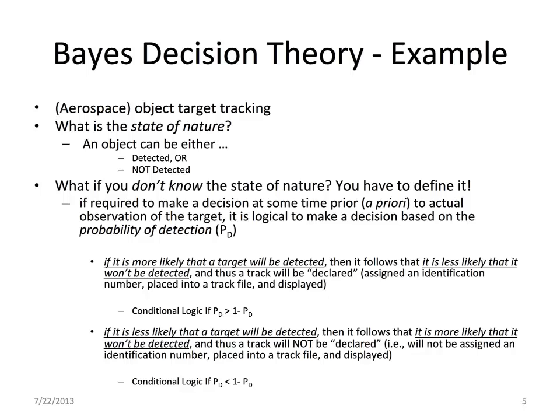Using the conditional logic, probability of detection is greater than 1 minus the probability of detection. Conversely, if it's less likely that a target will be detected, it's more likely that it won't be detected. You don't declare a track, and you don't establish a track file and have track updates and the things that go along with establishing and maintaining a track file.